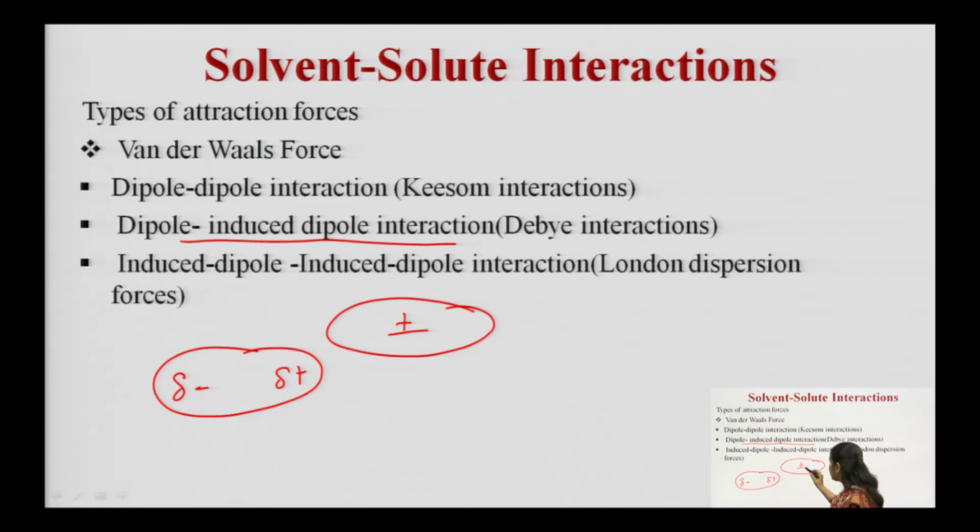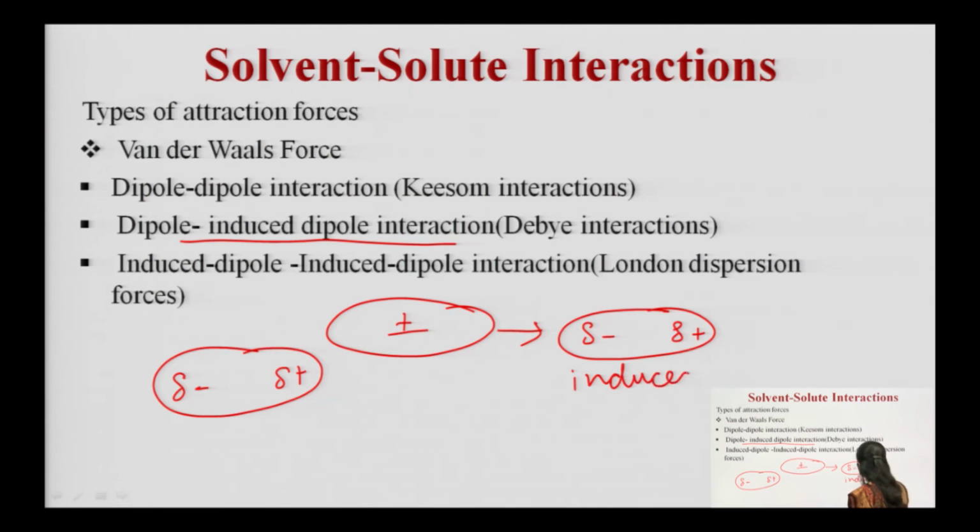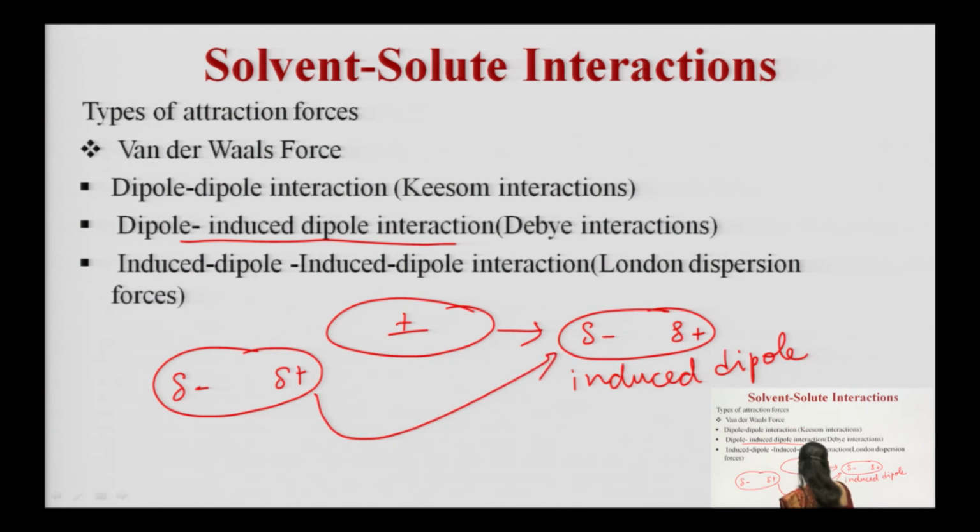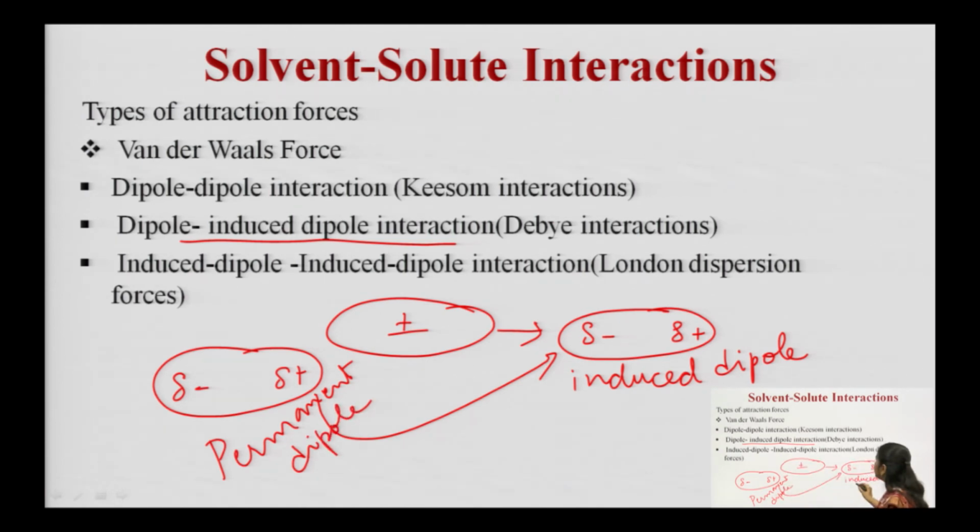As it induces a dipole in these non-polar molecules, it converts the non-polar molecule into a dipolar molecule, and this is known as an induced dipole. Now, the interaction which exists between a permanent dipole and an induced dipole is called Debye interaction.